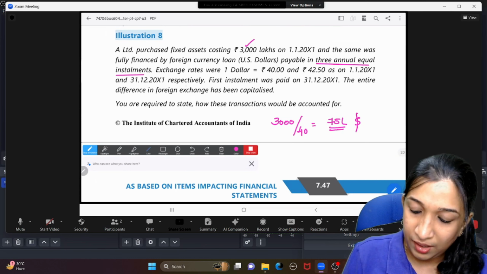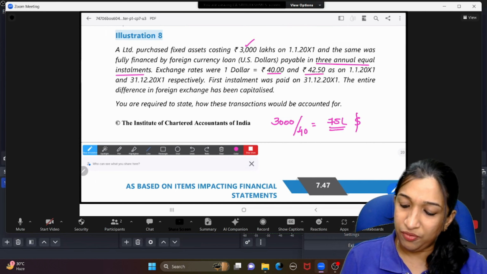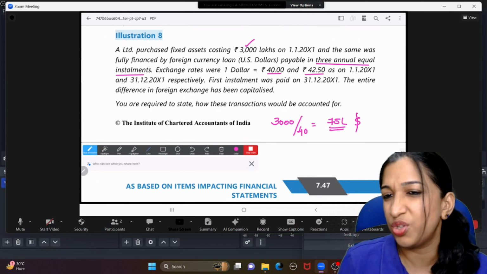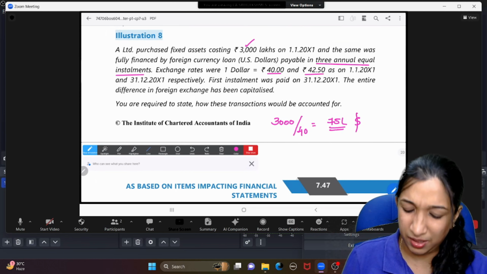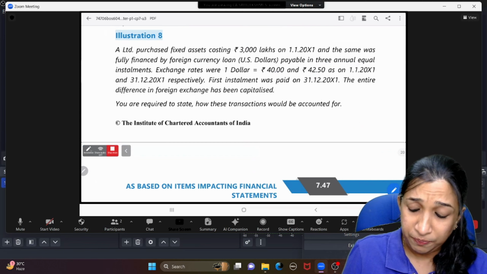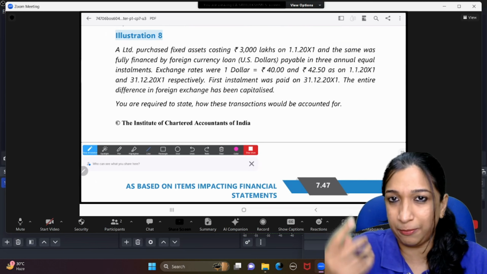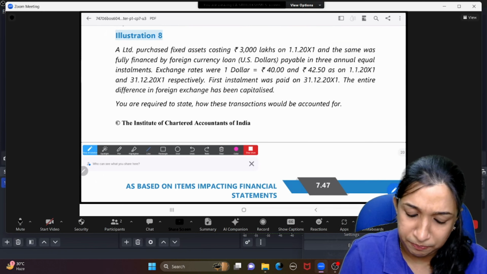The exchange rate was 40, and it has become 42.5. First installment is paid. What is the entry when you pay the first installment? Always think about the journal entry, then both aspects will be clear.